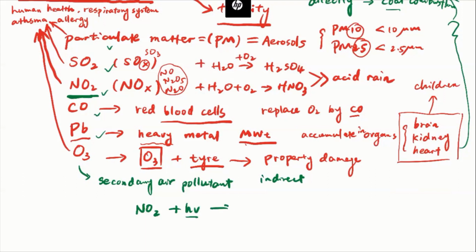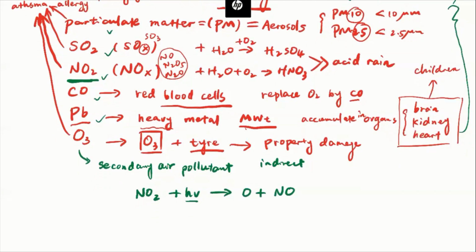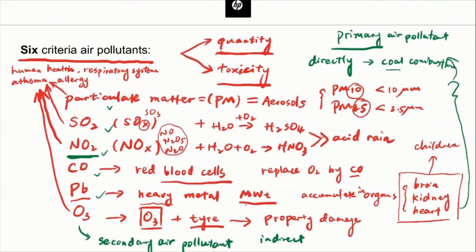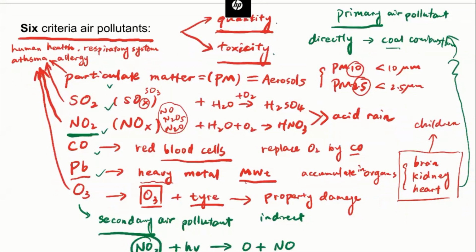Under solar radiation, it's going to get dissociated into an oxygen radical and nitrogen monoxide. And the oxygen radical can combine with an oxygen molecule to form ozone. So basically, without the nitrogen dioxide, we won't have the issue of ozone there. So that's why it's called a secondary air pollutant. Although it's also emitted in large quantity, and it has a certain amount of toxicity there.